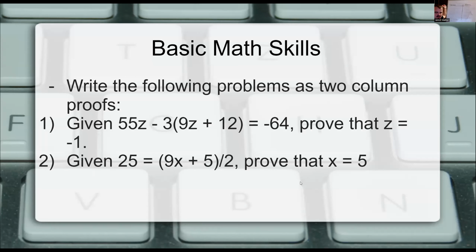So this one's going to be given that 25 equals 9x plus 5 all over 2. That's given. Let's prove that x equals 5. All right.